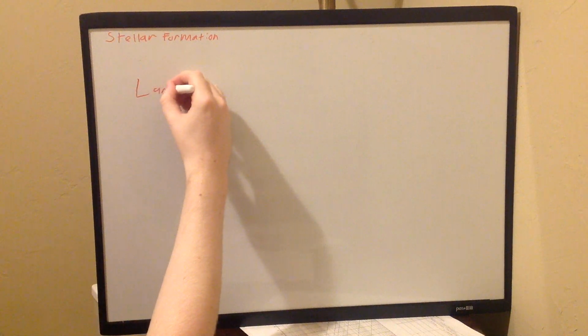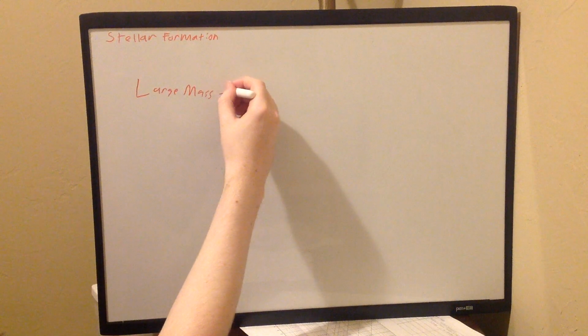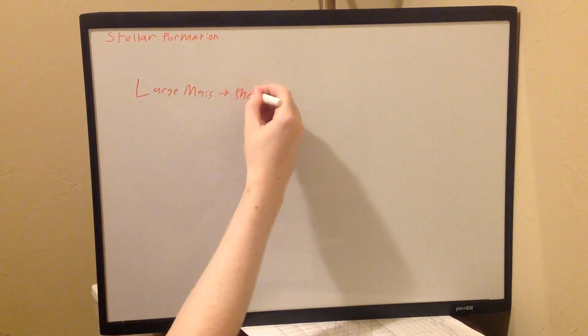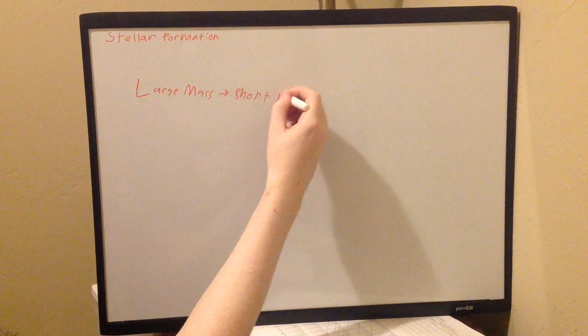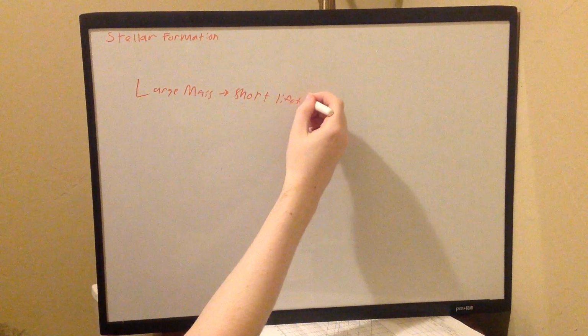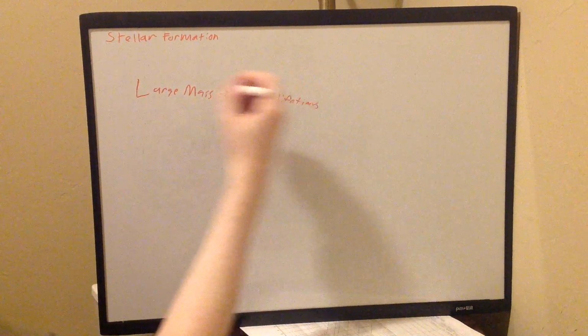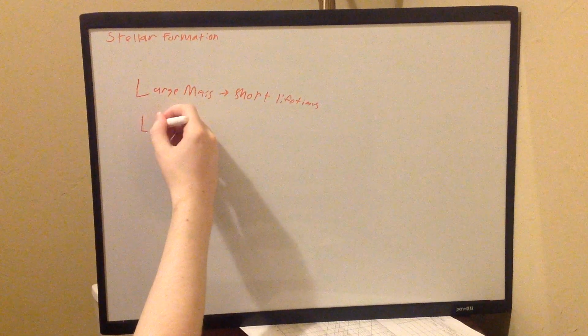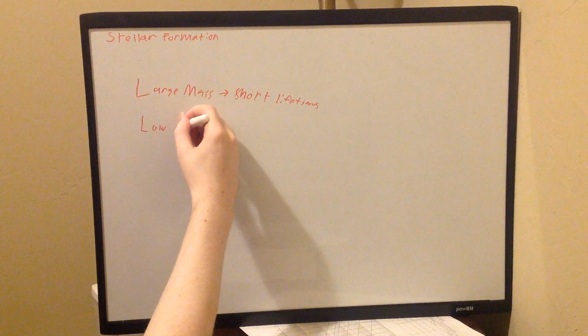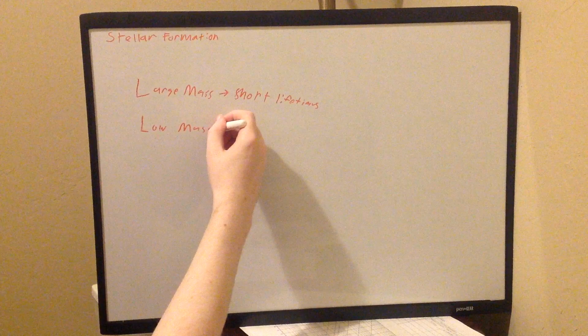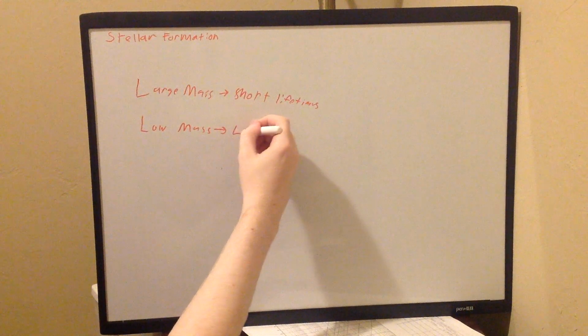Stars with large mass, they have short lifetimes. And low mass stars, stars with a small amount of mass, they have long lifetimes.